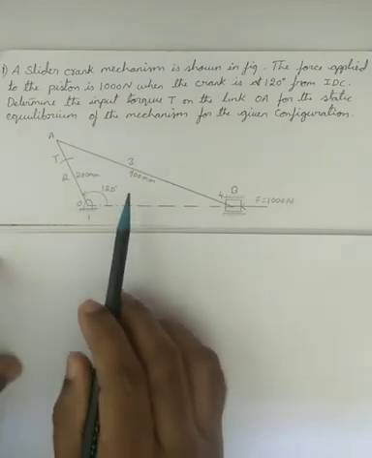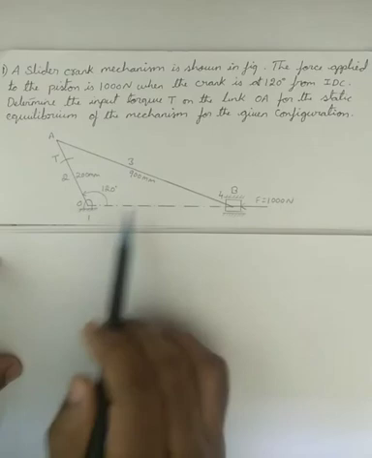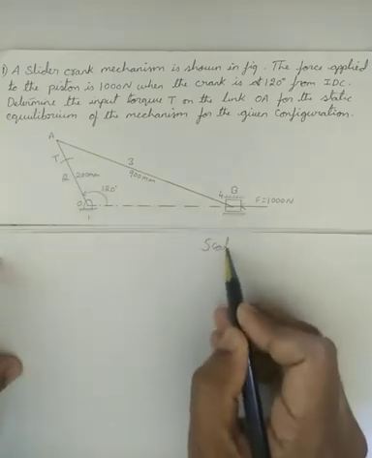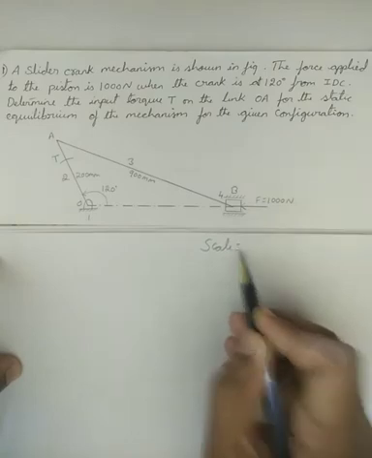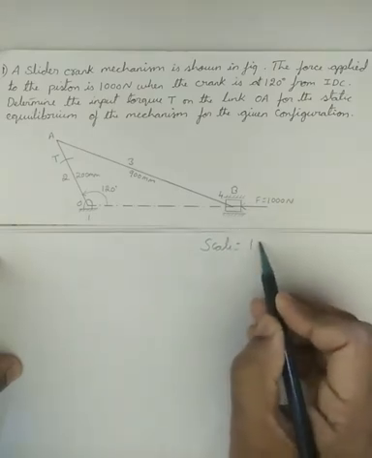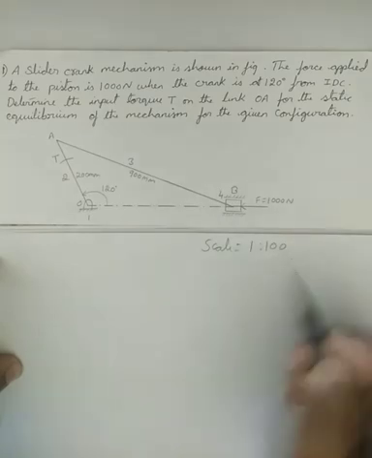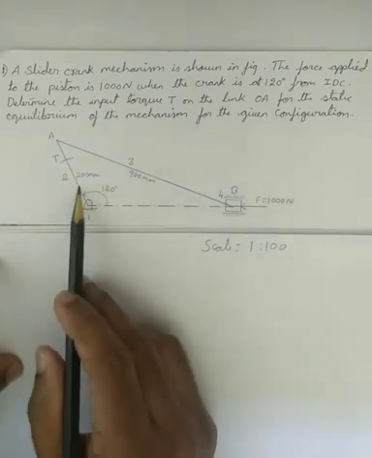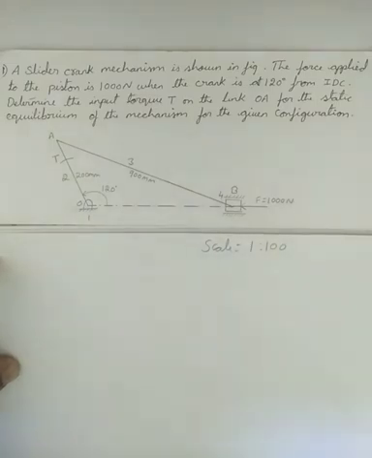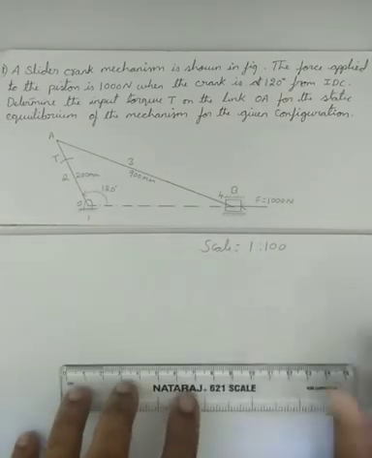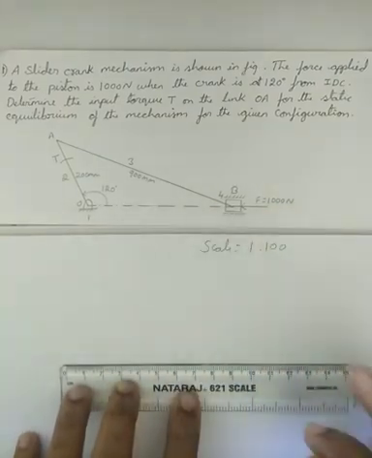So with respect to a suitable scale, I have to draw this diagram. I will take the scale as 1:100. So 1:100 means 1 centimeter will be equal to 100 mm. For that, first I will draw the horizontal line, this line.